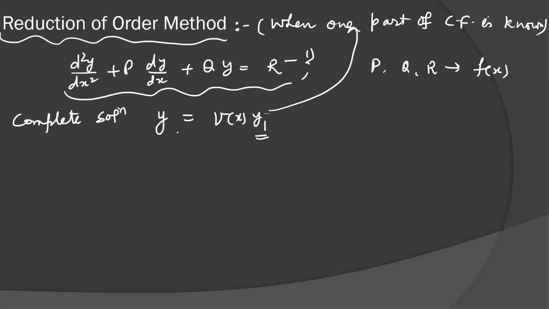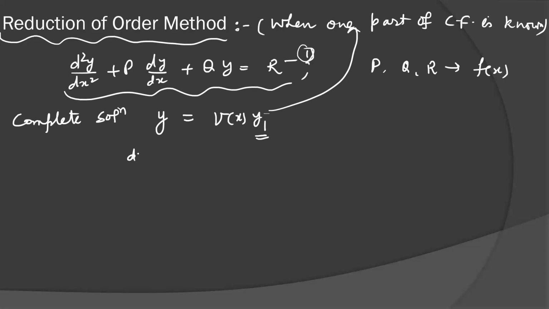If R is there, then this solution will be the complete solution. And I'm going to discuss the reduction of order method. This is a very useful method for solution of this type of differential equation when one part is known. So this is the complete solution of equation 1, so it will satisfy equation 1.